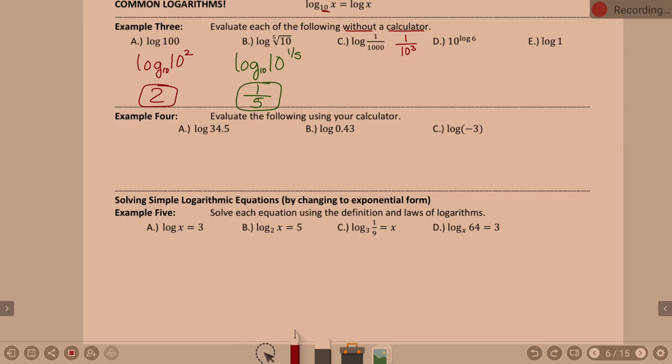When you take it out of the denominator, it's negative. So it's log base 10 of 10 to the negative 3rd. The 10s match, so this log is equal to -3. Okay, D. 10 raised to the log of 6.